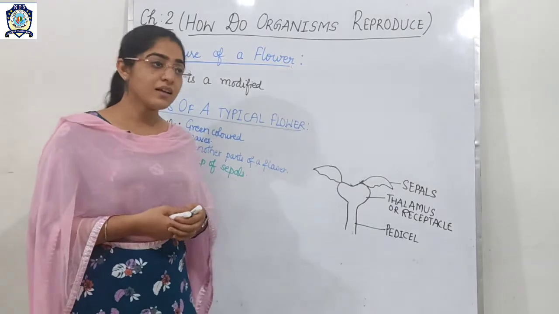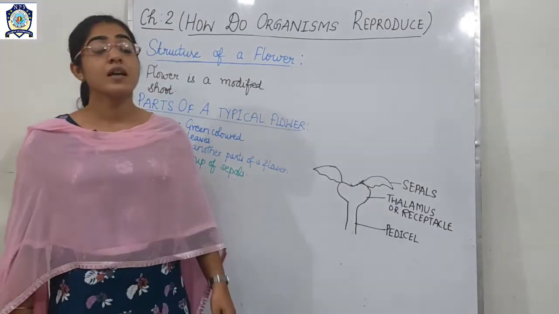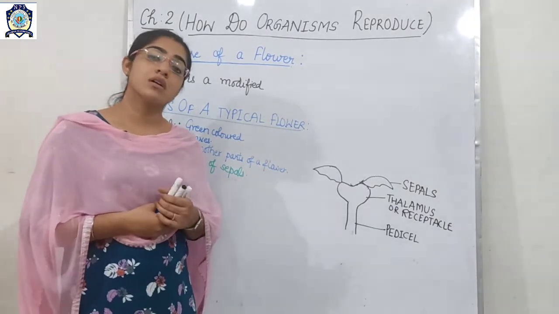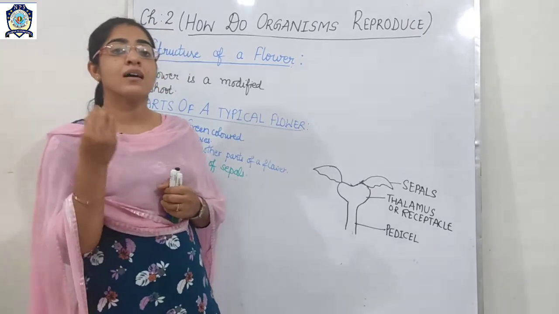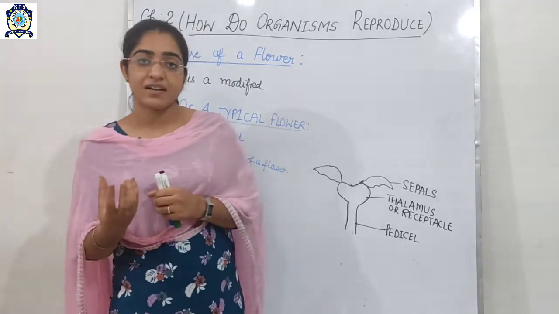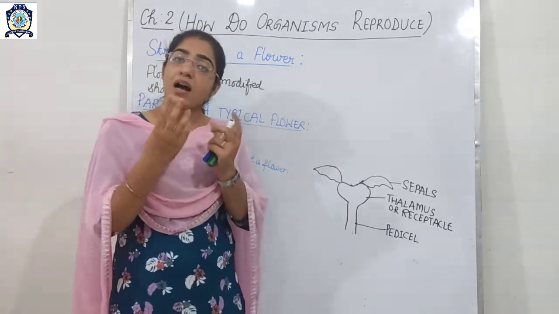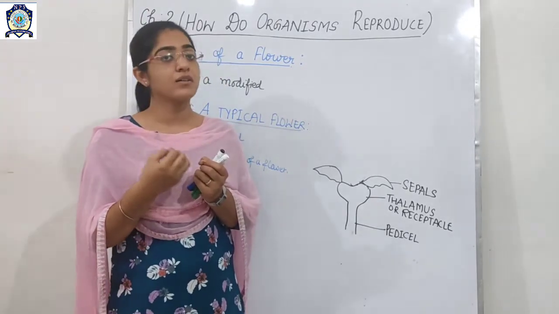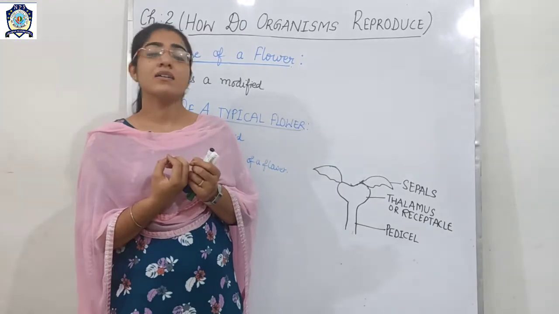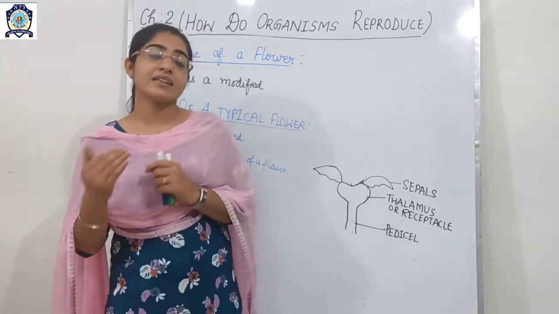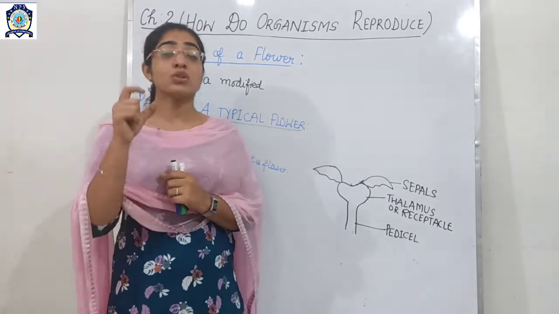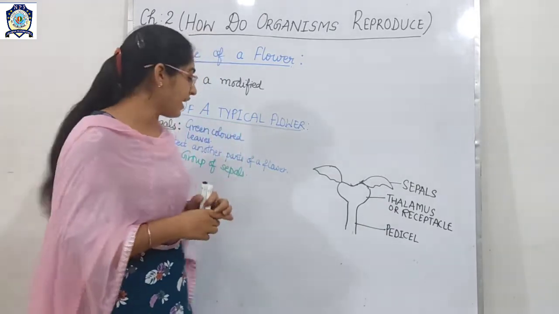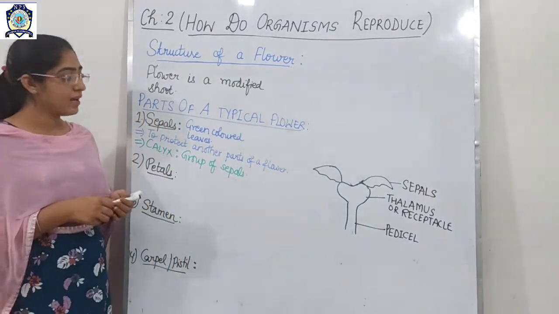Now what is the other part? Petals. You have seen that rose has different colors. Some are red, some are pink, and different flowers have different colors. These colored leaves are usually called the petals.